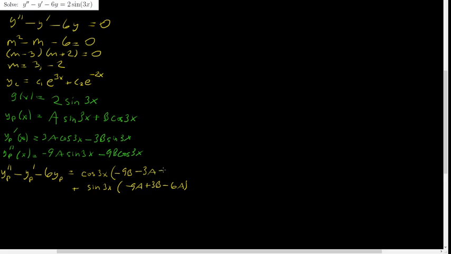When you put this all together, you get negative 3a minus 15b times cosine of 3x, and for the sine, minus 15a plus 3b times sine 3x.